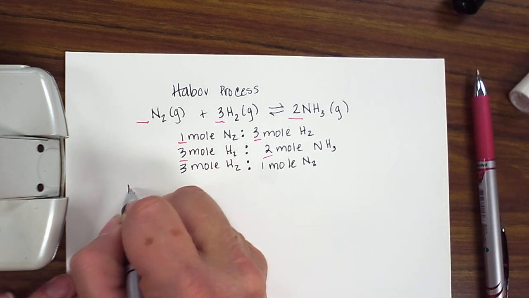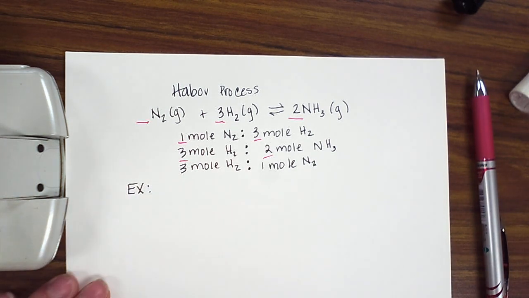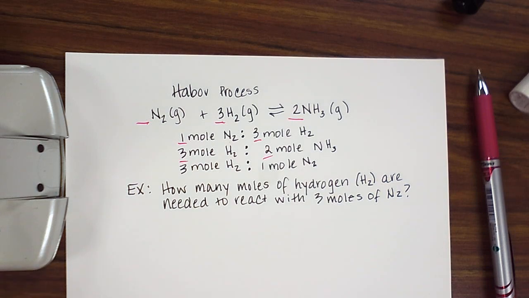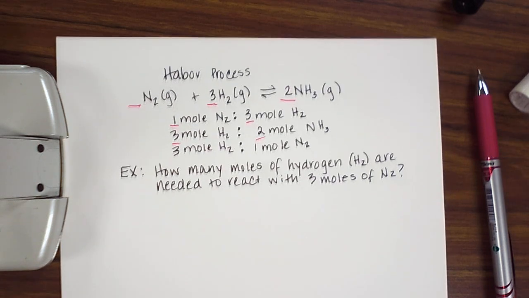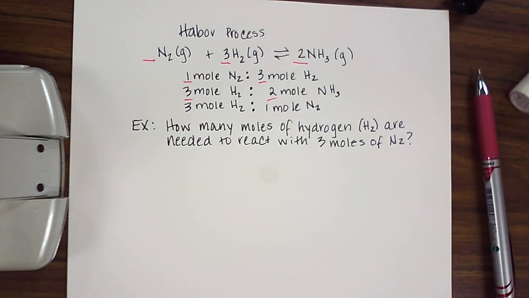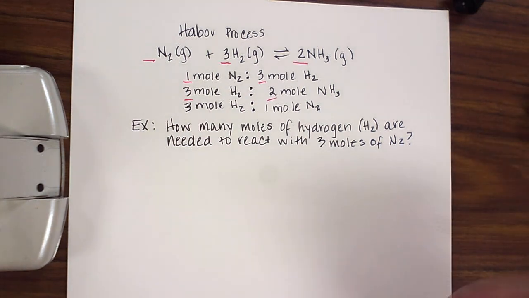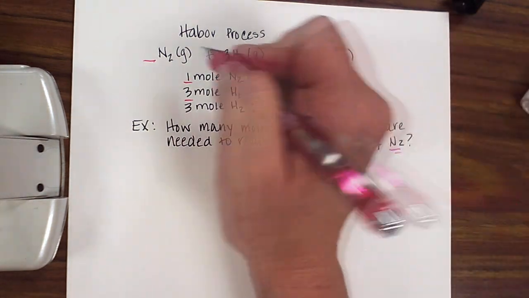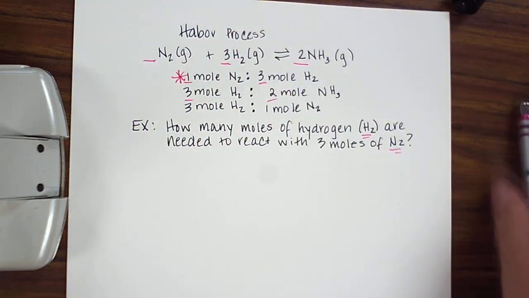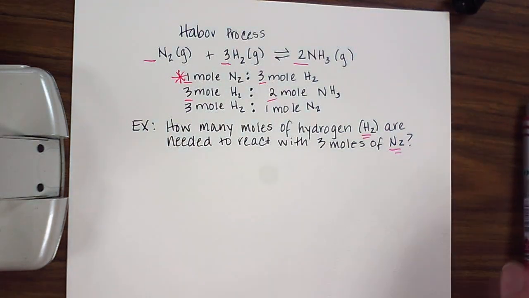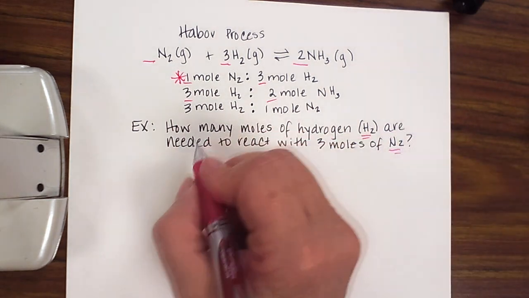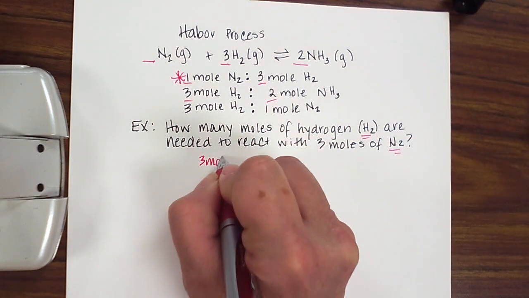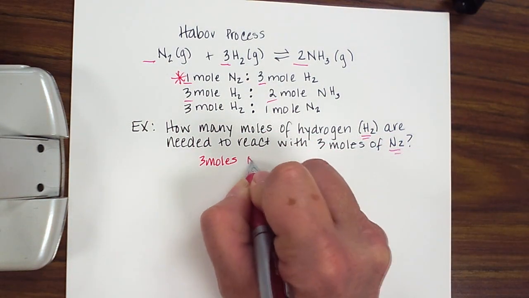Okay. But now, can we use this for calculations? So here's an example. How many moles of hydrogen are needed to react with 3 moles of nitrogen? The ratio that I'm going to be using here is between hydrogen and nitrogen. So that's right here. So we'll use this one. I'm going to start with what I know, which is I have 3 moles of nitrogen.